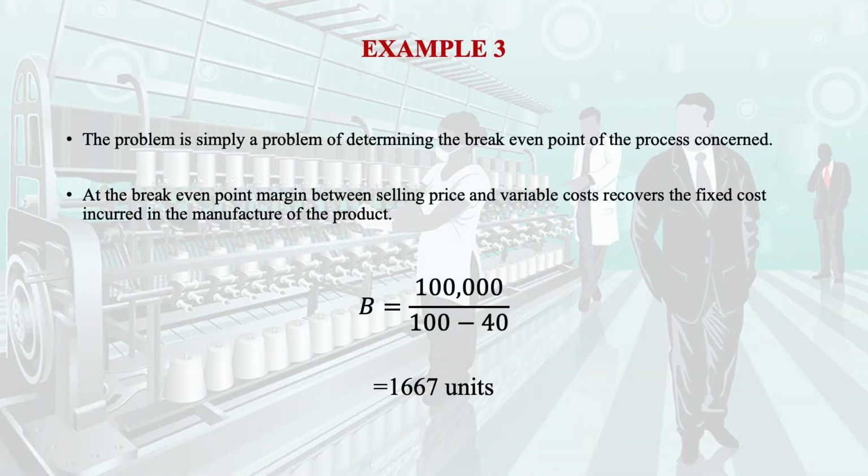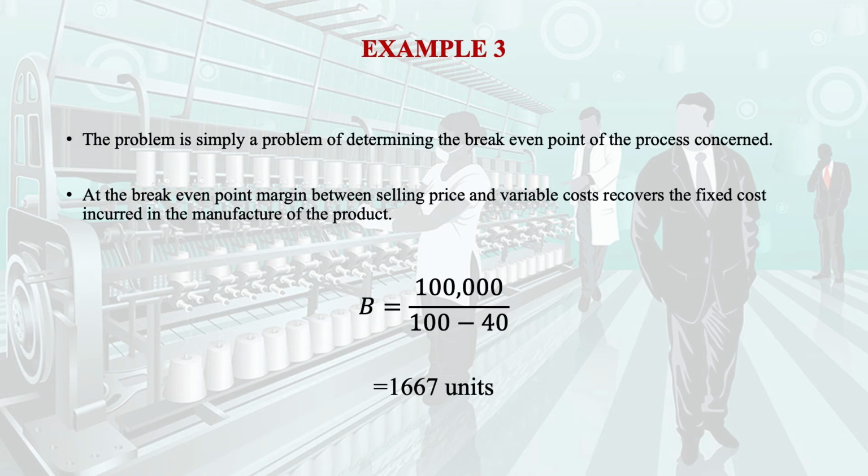Now, what volume is necessary in order to recover the fixed cost? The problem is simple and it is a break-even analysis problem. At the break-even point, the margin between selling price and variable cost recovers the fixed cost incurred. The number of units is 1667.